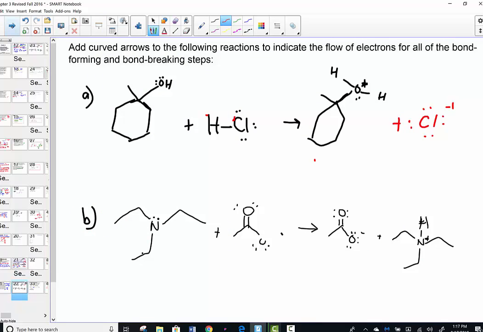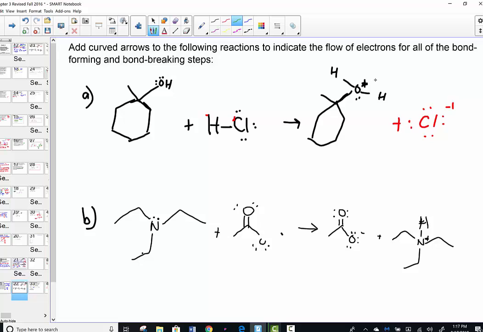Let's practice using curved arrows to follow the reaction steps. We're just practicing curved arrows. What we want to do is take a good look from the left to the right side and see what's changed. I notice here the OH is a very electron-rich area.